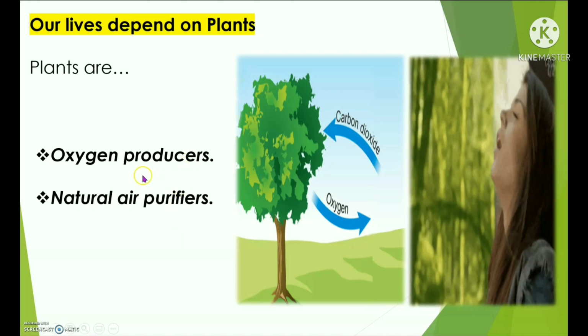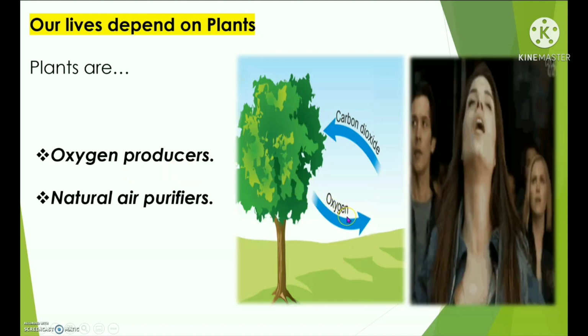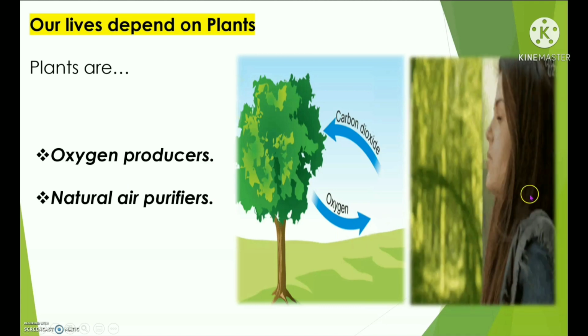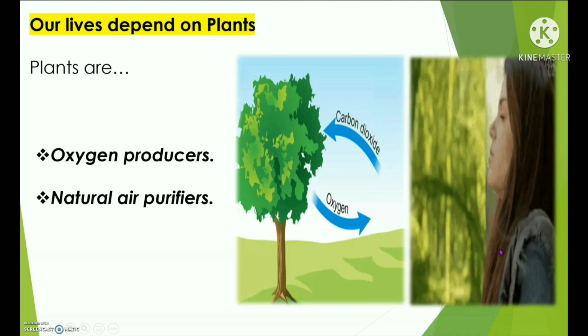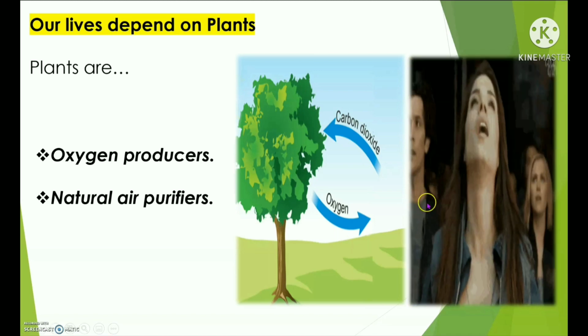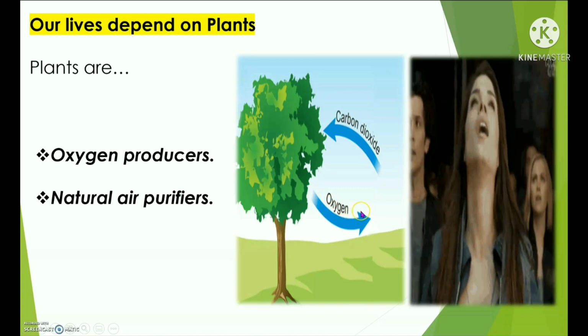Very good. So oxygen producer, we know that plants produce oxygen. That's what humans breathe, also animals and other organisms. That's why trees are very important because they produce oxygen.